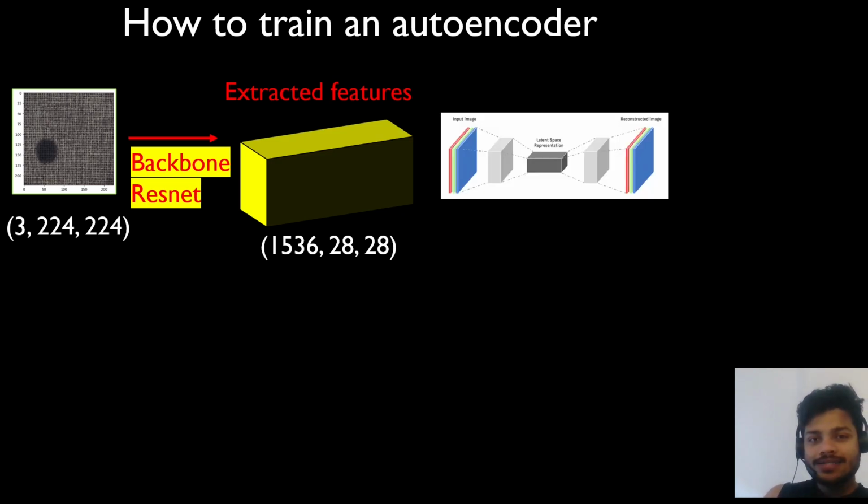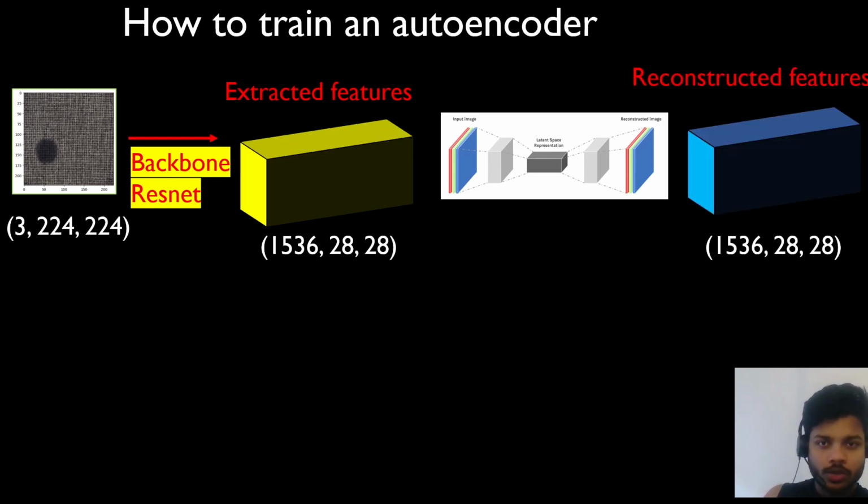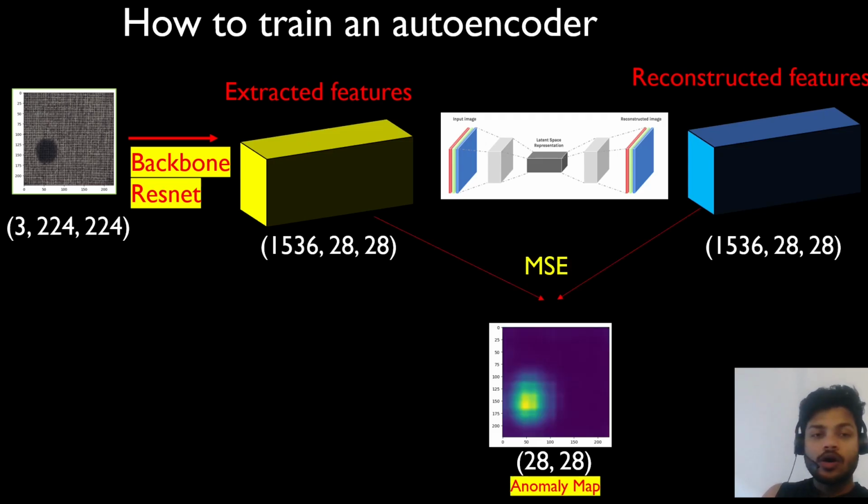Then we pass this extracted feature into a convolutional autoencoder, and the output will also be of the exact same size, which will be the reconstructed value. Then we obtain the mean squared error between these two. The mean squared error has a 28 cross 28 size, and that is our fault localization heat map.